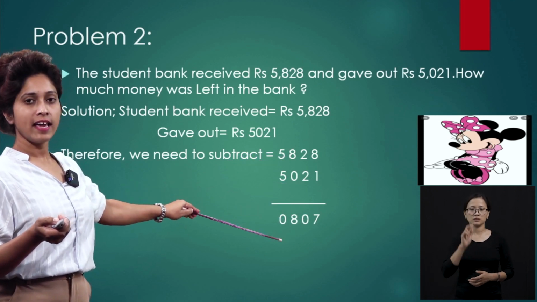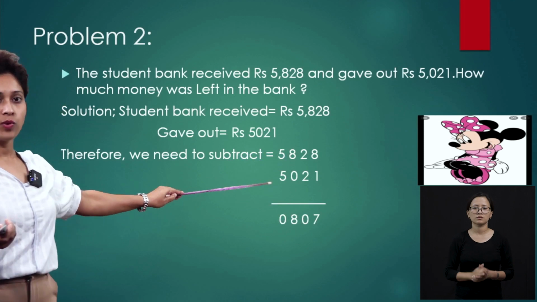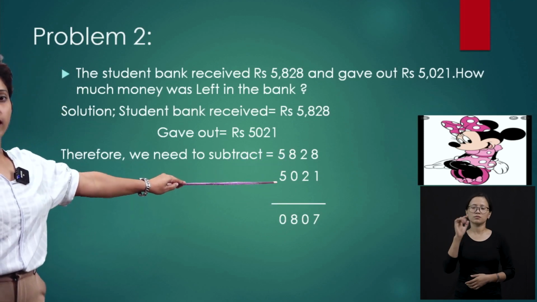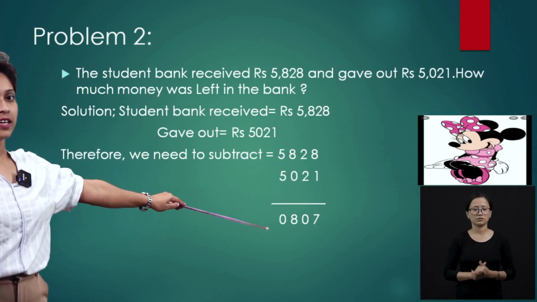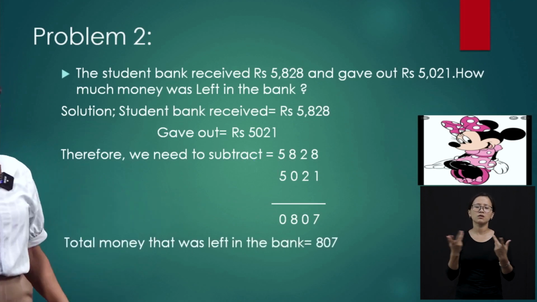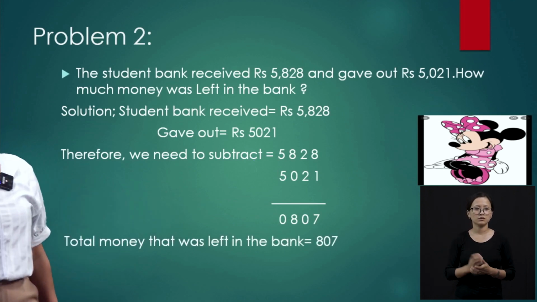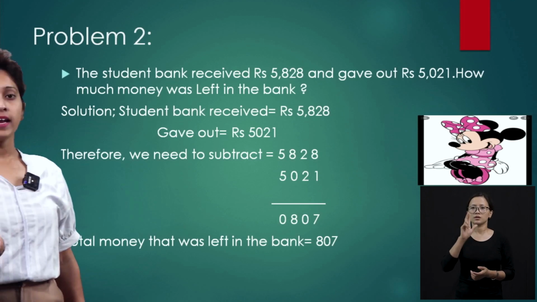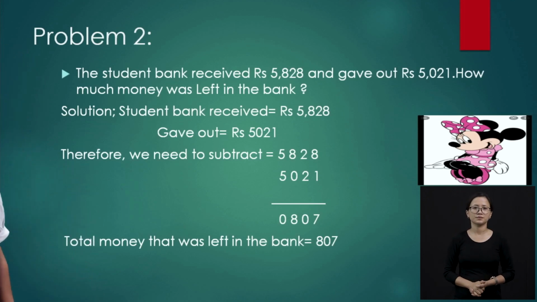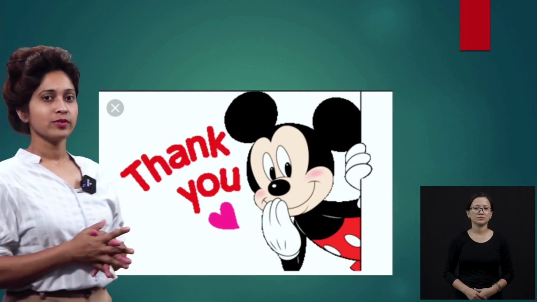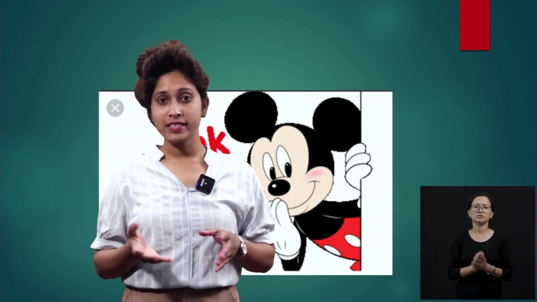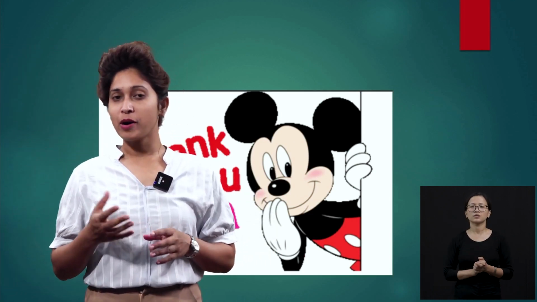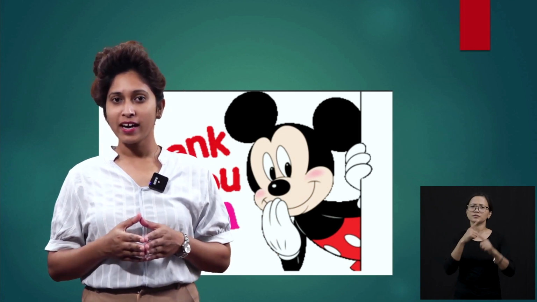You'll get 8. Right? Then the last one, 5 minus 5. You'll get 0. Right? So how much is the total money that was left in the bank, children? It is 807. Right?